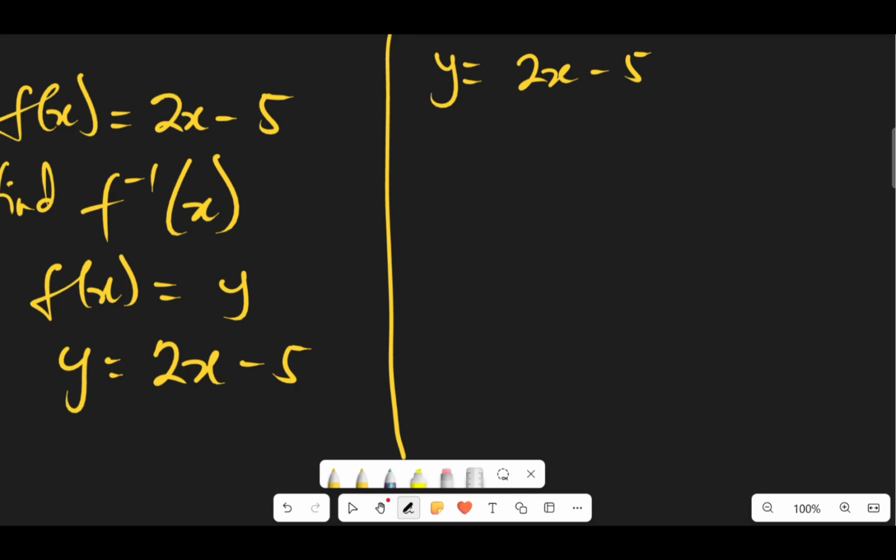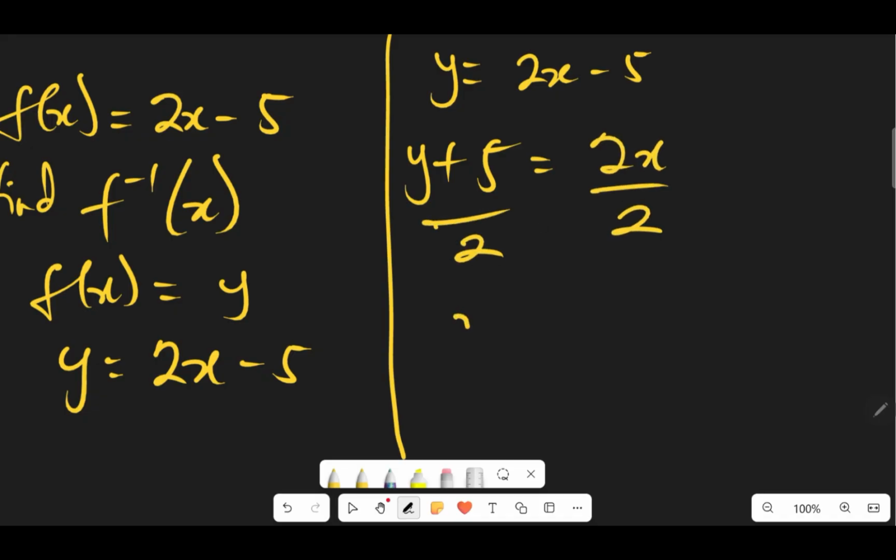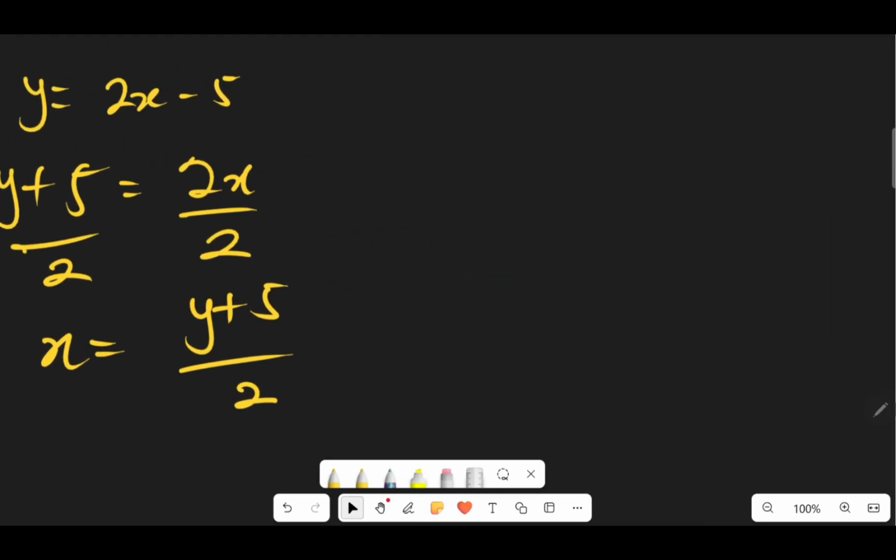So to find the value of x, we are going to move this 5 to this side. If you move the minus 5 to the other side, we're going to get y plus 5 being equal to 2x. Then you divide here by 2 and divide here by 2. Then our x is going to give us y plus 5 all over 2. And that is the inverse. So you can't leave your answer as x equal to y plus 5.